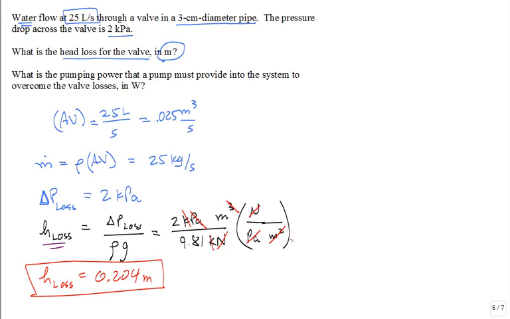What is the pumping power that a pump must provide into the system to overcome the valve loss? Think about the water goes in a loop. There's a pump right there, and right over here is my restriction, which causes a loss, and that's the only place there's a loss.